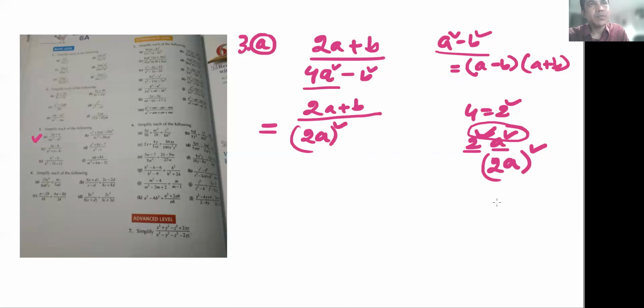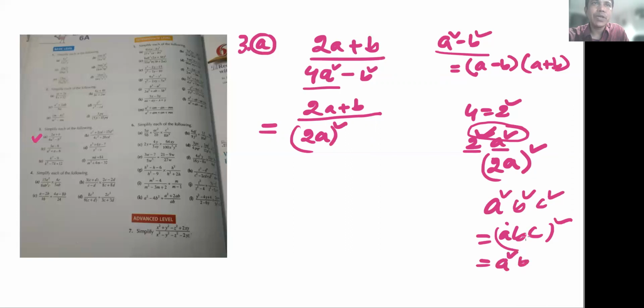Like this, if you say A square, B square, C square, it's the same as (A B C) whole square. That means if you want to break this one, you will write A square, B square, C square. Remember this. If the same power is there for any two variables or constants, we can compress and write in a common form.